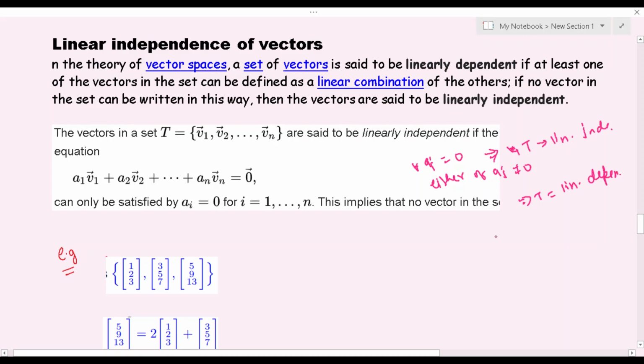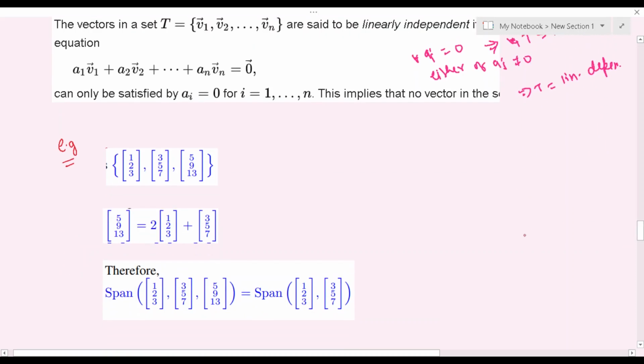Our first example: to check whether this set of vectors is linearly independent or not, we multiply them with the coefficients alpha, beta and gamma respectively.